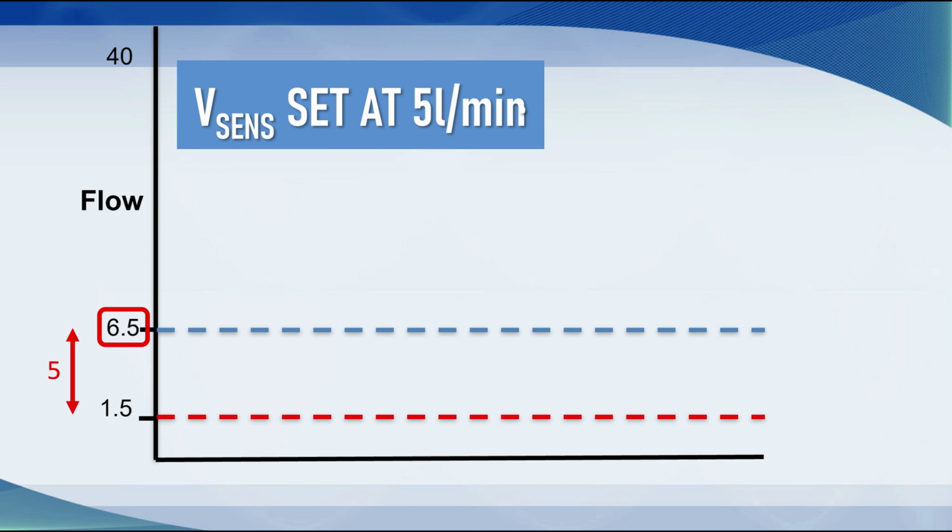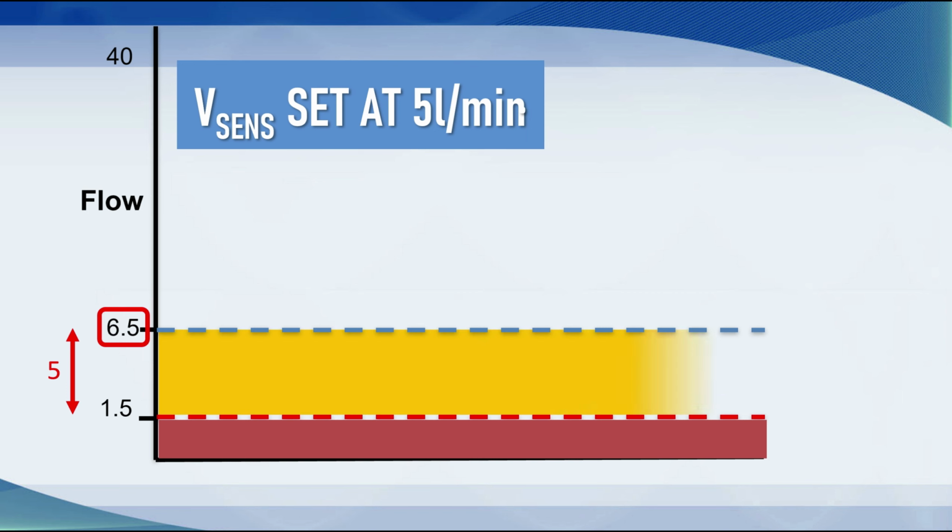We have 2 windows. We have the base flow window and we have the flow-by window. In order for Eddie to trigger a breath, he must inhale sufficient volume to interfere with the 1.5 liter base flow. That's what the ventilator is interested in.